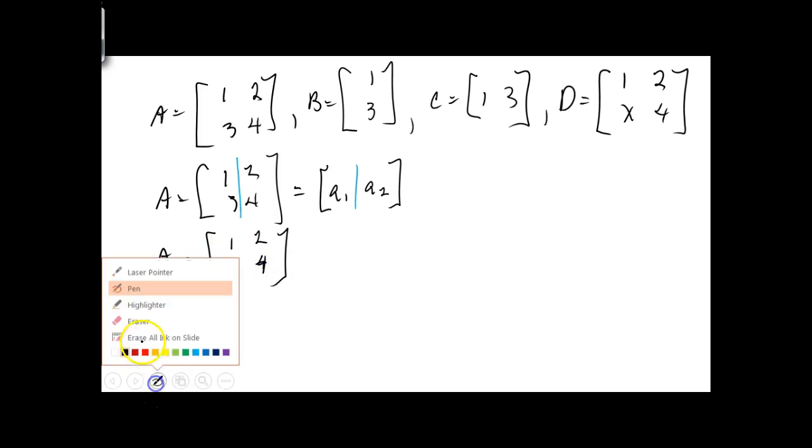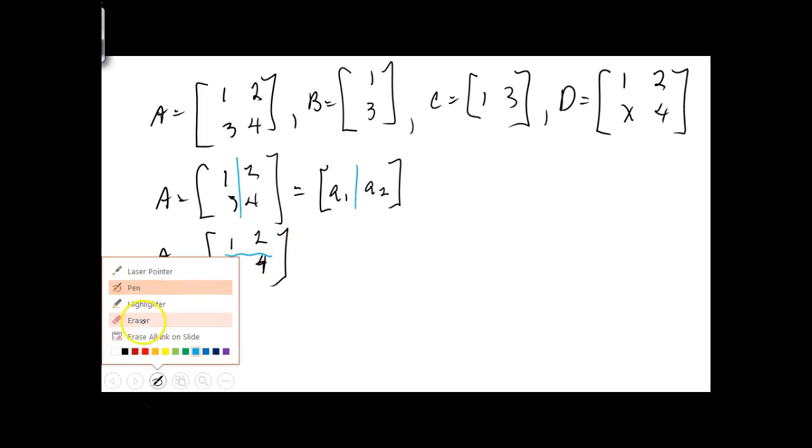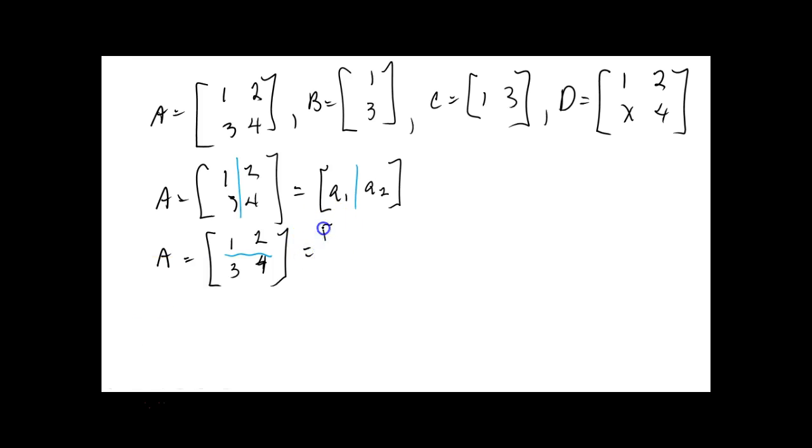You could partition this into two row vectors. Now they don't show this, but you could, and there's nothing wrong with it. Let's give it some other names. Let's call it A3, A4, because I don't want you to think those are the same.